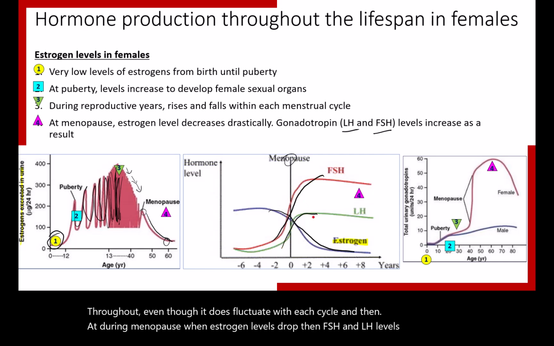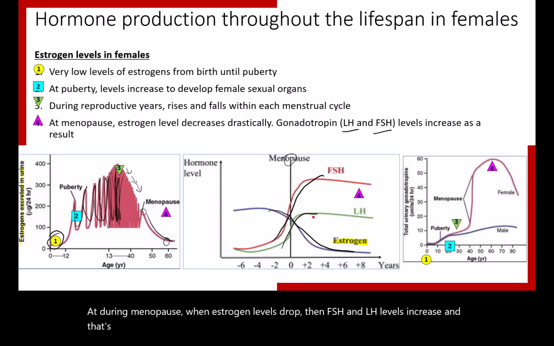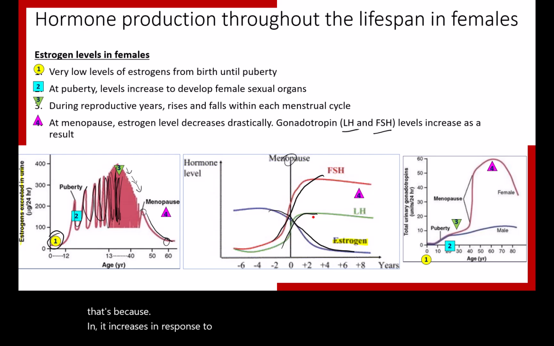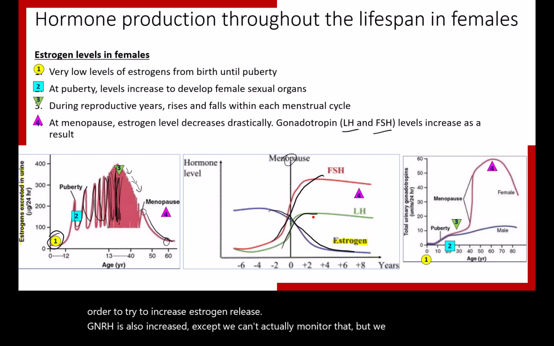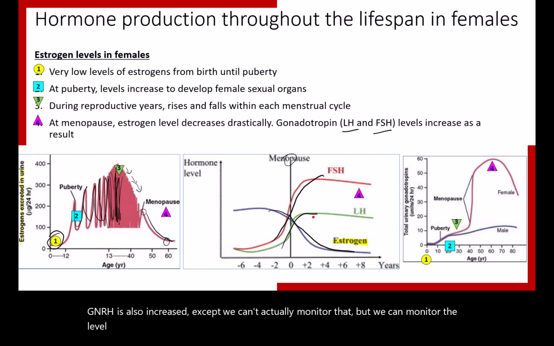And that's because it increases in response to that decline in estrogen, right? So when estrogen levels drop, the anterior pituitary starts secreting more LH and FSH in order to try to increase estrogen release. GnRH is also increased, except we can't actually monitor that, but we can monitor the level of FSH and LH.